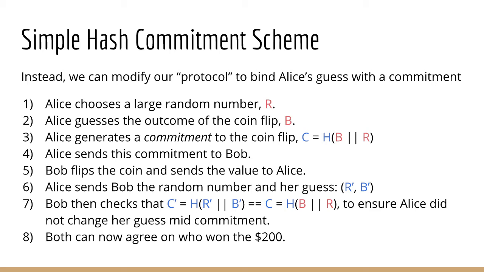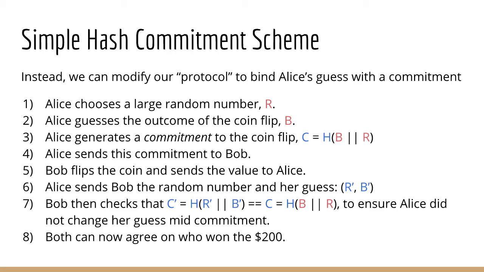Now, Bob can't see what her guess was because it's been blinded by this hash function. He can't go backwards through the hash function and find her original guess. So Bob has no choice but to just flip the coin and send the result back to Alice.